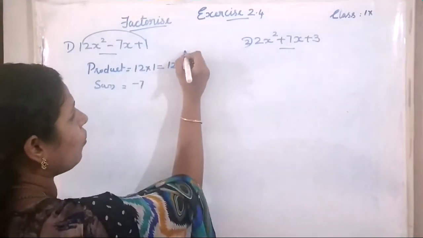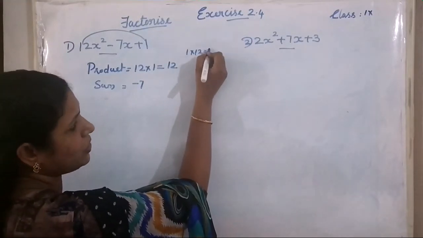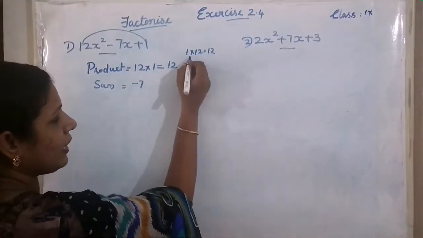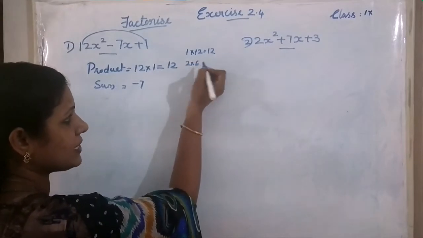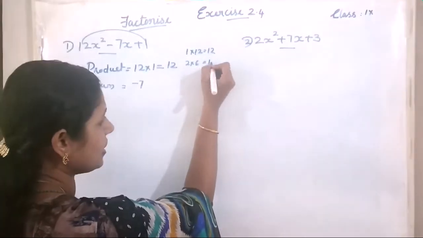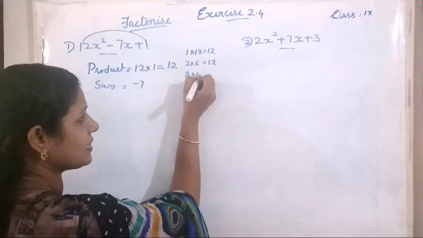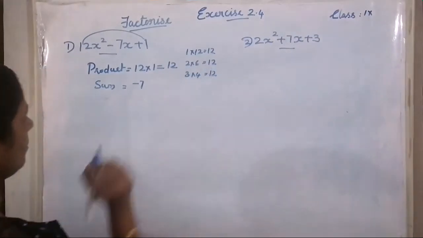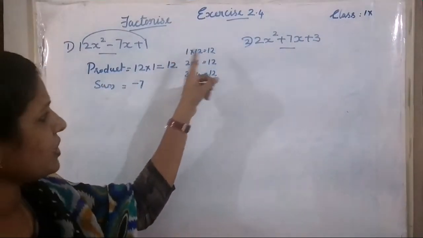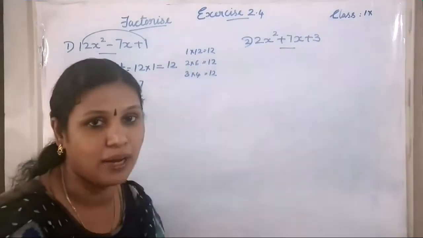1 into 12 is 12, and then 2 into 6, we can do this in the working column. 2 into 6 is 12. Then 3 into 4 is 12. This much only: 1 into 12 is 12, 2 into 6 is 12, 3 into 4 is also 12.